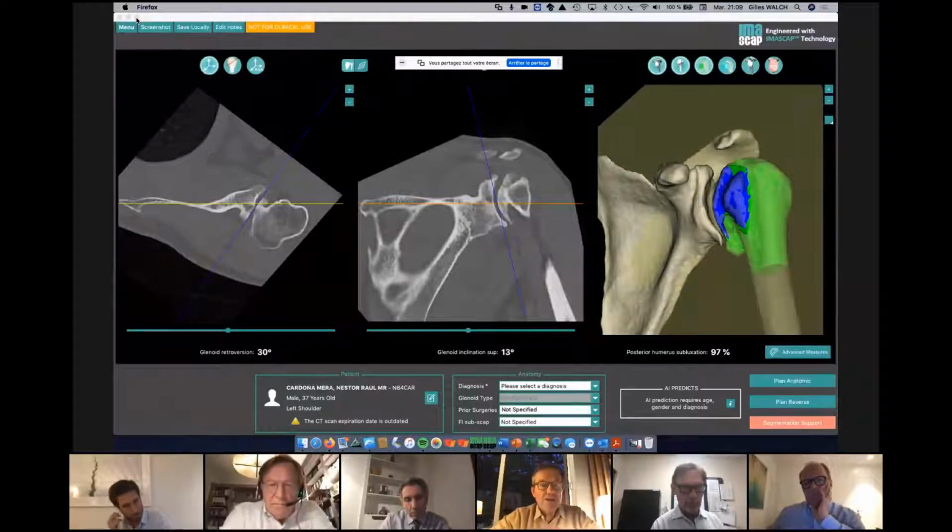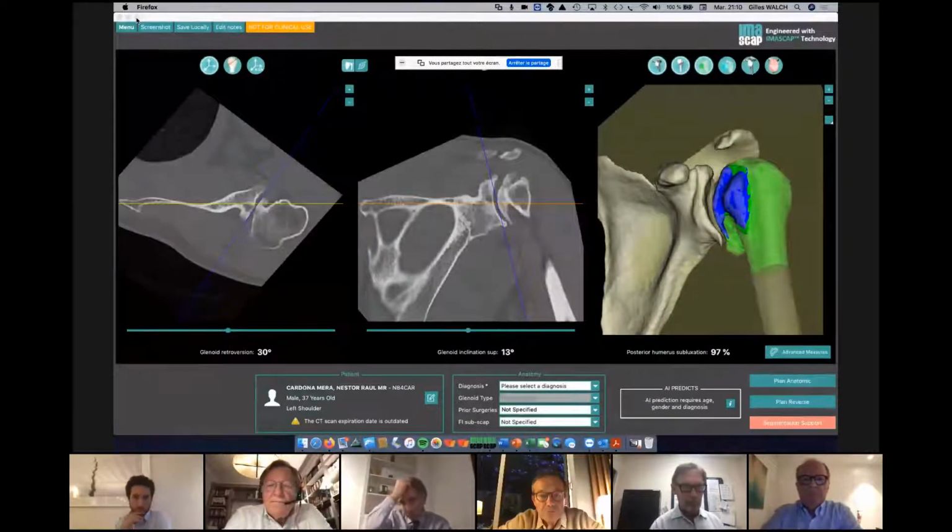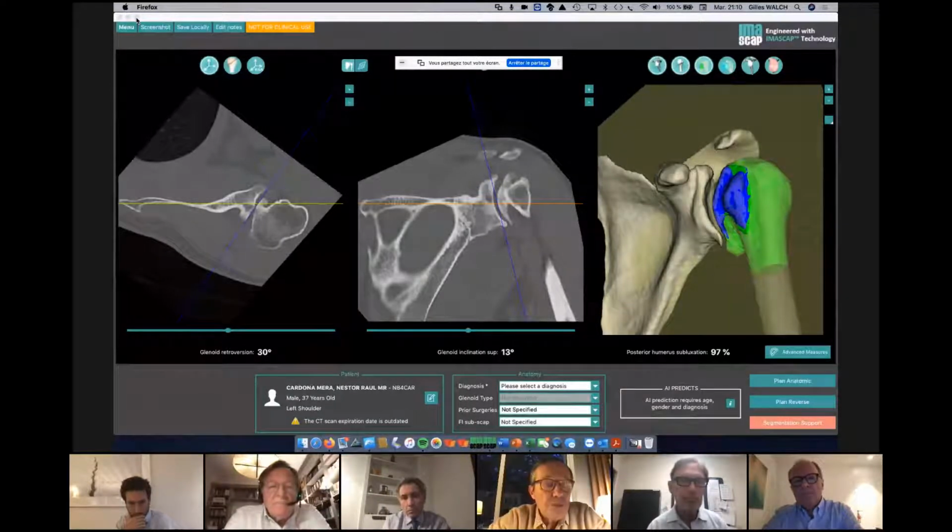So anyway, I do a preoperative planning with Blueprint, which is a 3D preoperative planning software, which allows to reformat the CT scan to be parallel, perpendicular to the scapular plane, so that we are sure that the 3D measurements are reproducible and correct.